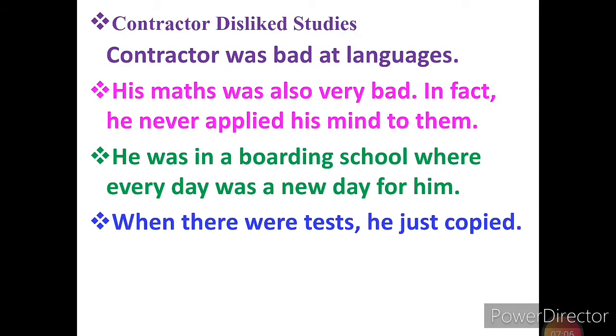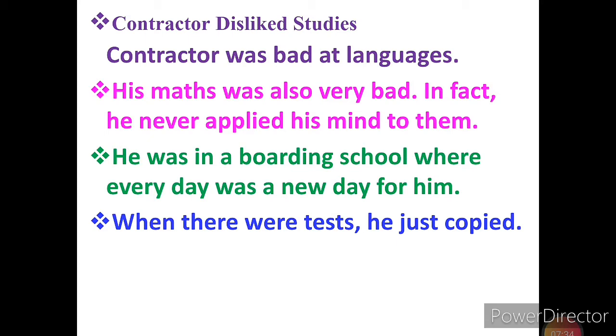Contractor disliked studies. Contractor was bad at languages. His maths was also very bad. In fact, he never applied his mind to them. He was in a boarding school where every day was a new day for him. When there were tests, he just copied. As we discussed earlier, Contractor was bad at languages.